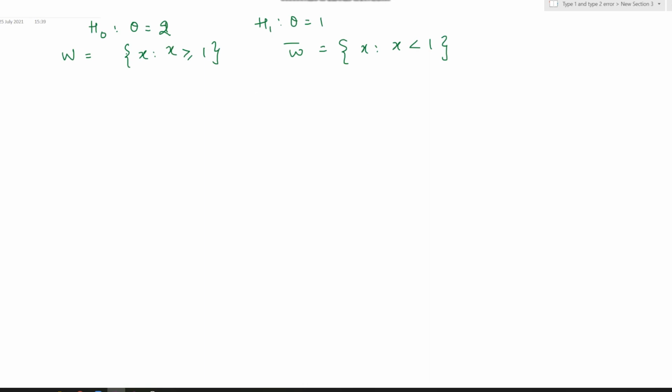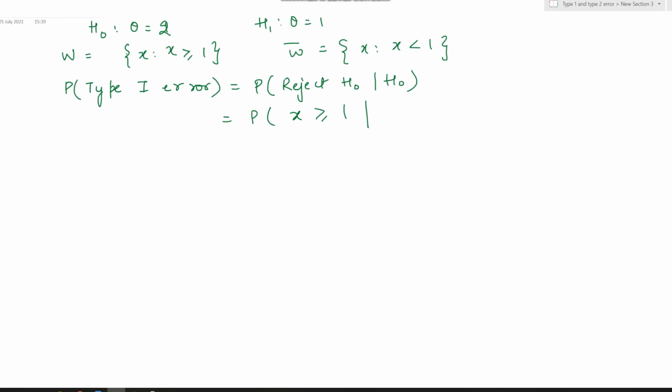First let's calculate the probability of type 1 error. The probability of type 1 error is given by the probability of rejecting H0 while H0 is true. That means the probability that x lies in the critical region, that is x greater than or equal to 1, given H0, that is theta equals 2.